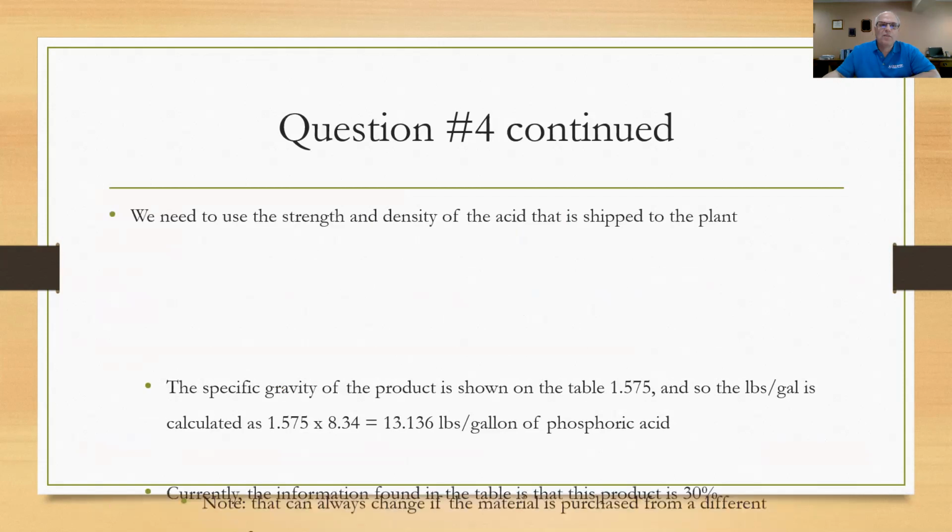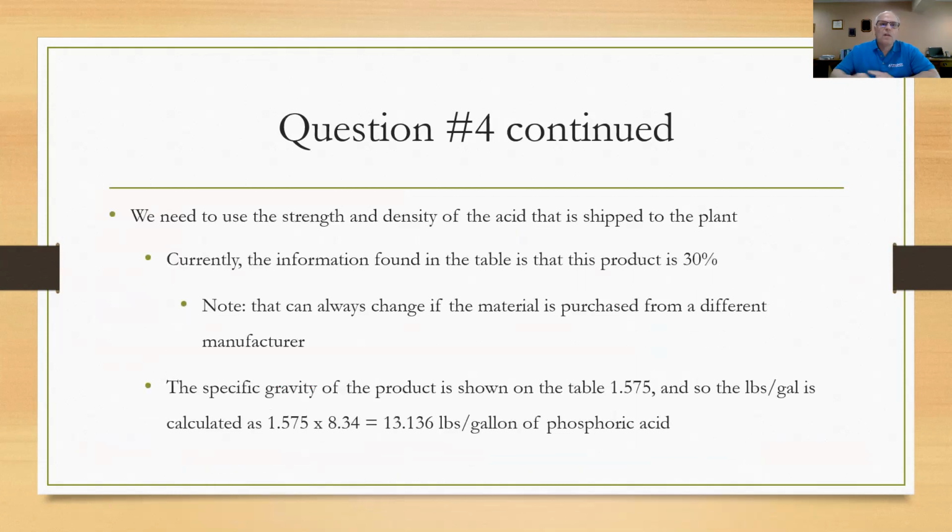Here's question number 4 continued. So we need to use the strength and density of the acid that was shipped to the plant. And as we mentioned in the question, it was 30%. Now that can change from load to load. So whenever you get a load of phosphoric acid in, you always got to check the bill of lading to see what percentage it is. These guys have a contract, it brings them to 30%.